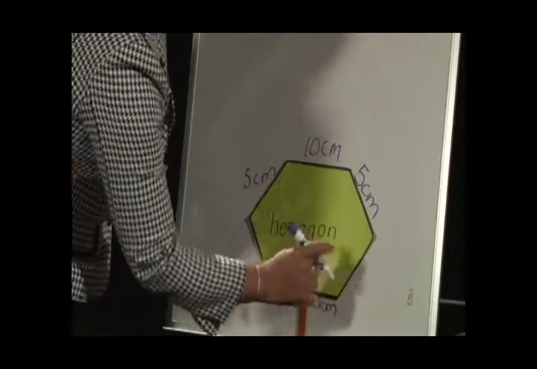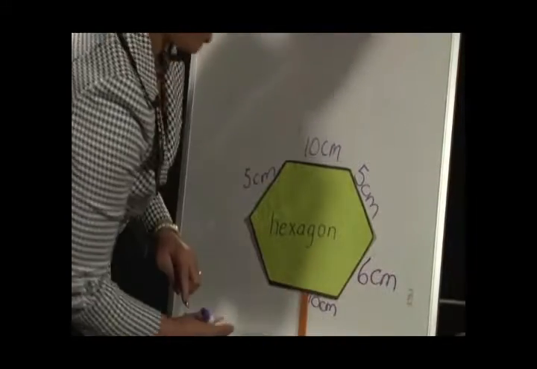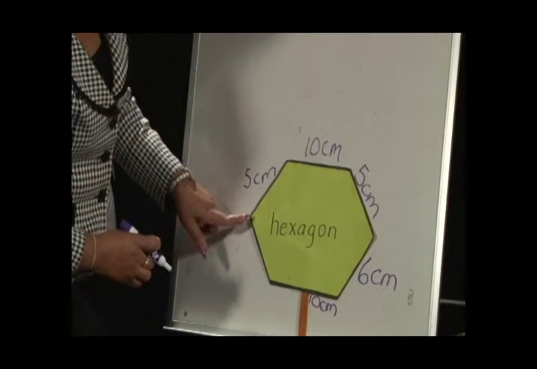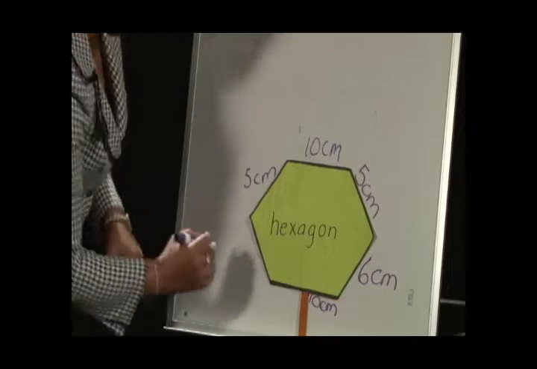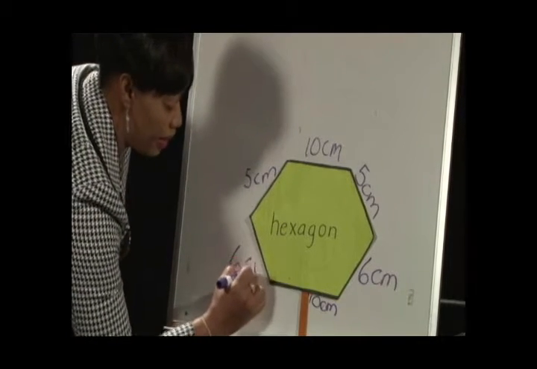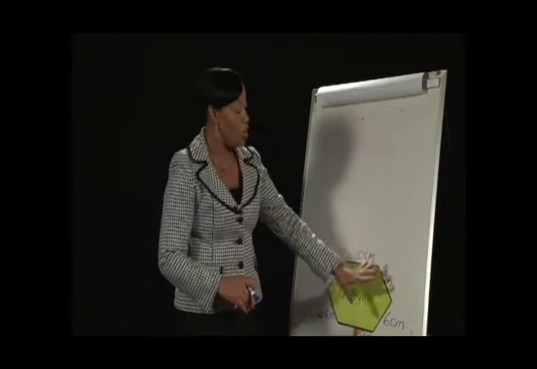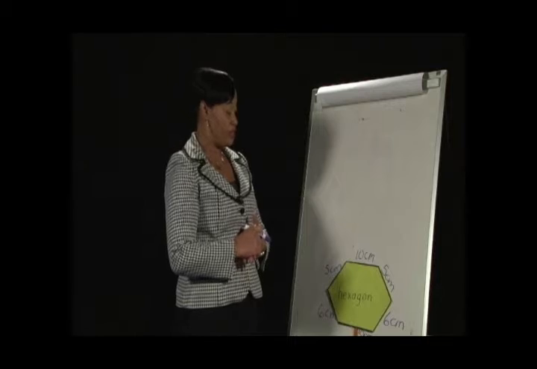Let's say this side measures 6 centimeters. What do you think this side over here will measure, seeing that it is the same length as over here? If you say 6 centimeters, then you are correct. Now we have the measurement for all the sides. Can you remind me what we need to do with these measurements?